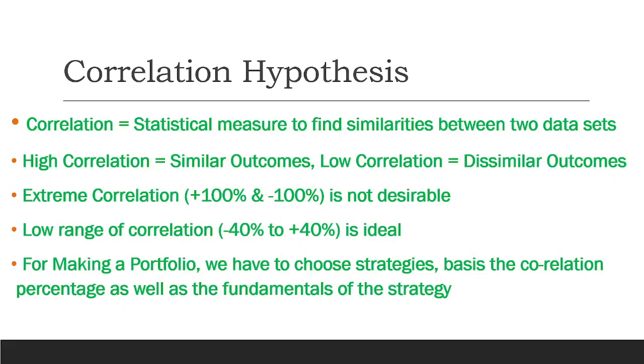So basically, if a data set is showing plus 100, another will show minus 100. So there'll be a zero sum game. So ideally, when we do, let's say, the correlation of a short straddle with a long straddle, and the long straddle works exactly the opposite of the short straddle, it'll have minus 100% correlation.